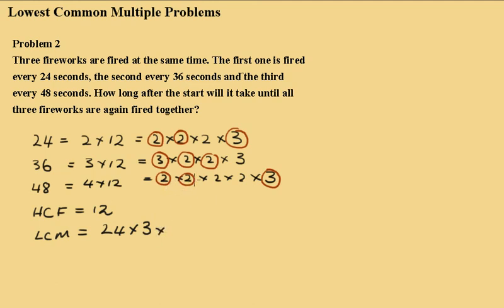Now we've got 3 2's altogether, but one of those 2's is included, so we need an extra 2 here. So we'll take that 2 as well. And now we've got them all in. So that's the lowest common multiple, and we multiply that all out, we get the result of 144.